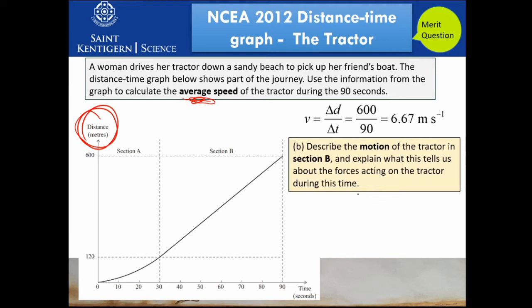Alright, welcome back. So section B, we're not looking at section A at this stage. Section B is a straight line on a distance time graph. Distance time means rise over run is going to be velocity. So this is a constant velocity because we are not gaining more, like over here, that's acceleration.